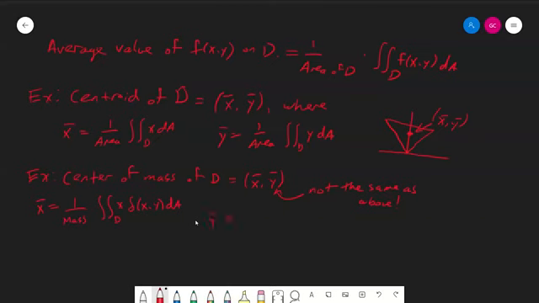And then y bar is 1 over the mass times the double integral of y times the density function. And I should remind you that the mass in both cases is just the double integral of the density function itself.